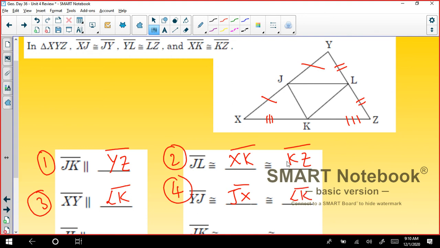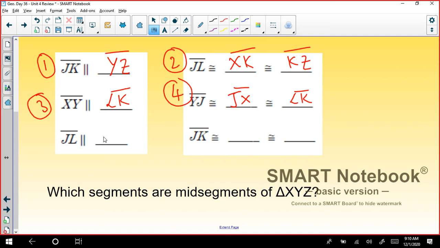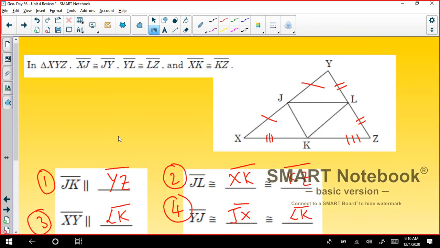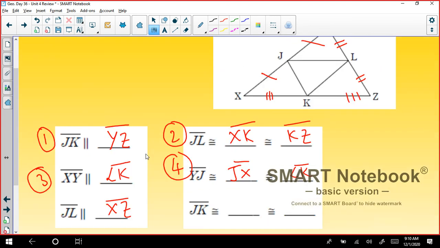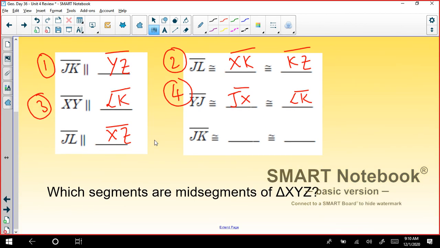Let's see the next two. We have JL parallel to XZ and JK congruent to YL and LZ. Which segments are the mid segments of the triangle?